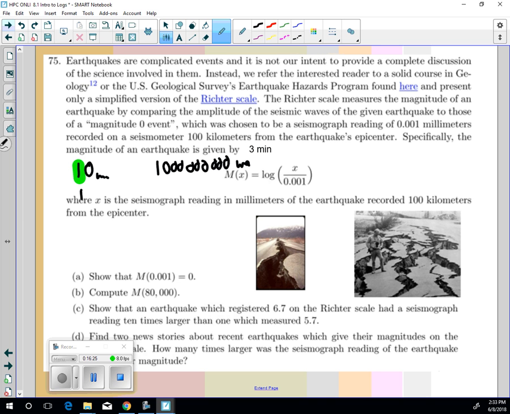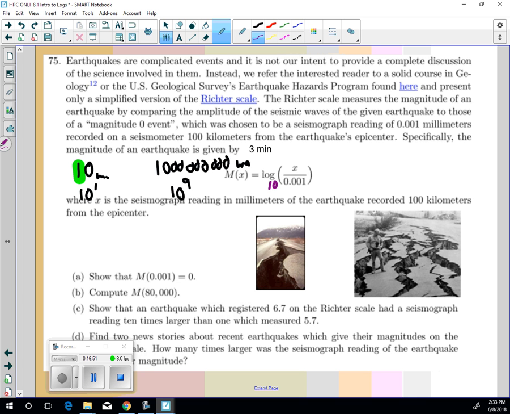But if you go 1 times 10 to the first compared to 1 times 10 to the ninth, and you scale these with the exponents, now you can compare these really huge things to each other, and that's where the log comes in. And don't forget, if you see log, no base, it's base 10. Natural log is log base e.